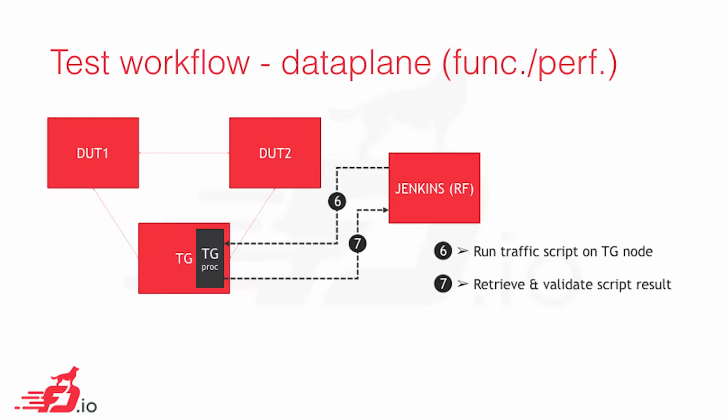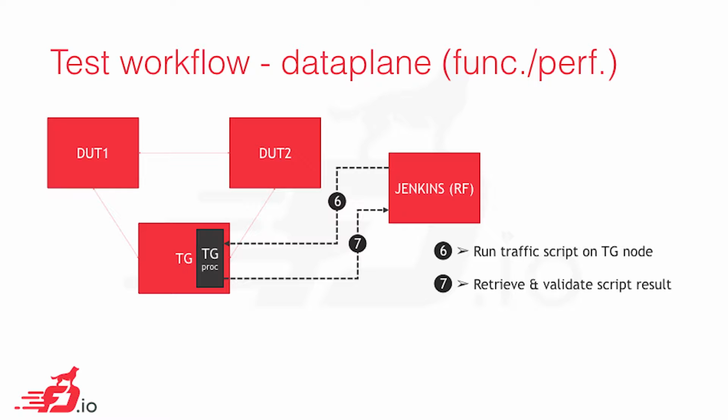And then you just retrieve the feedback. If it is functional testing, then you retrieve feedback if the specific test was successful, that, I don't know, TTL was decreased, the VXLAN packet or ping or whatever passed through the topology, and the process executed on the TG received the packet back.